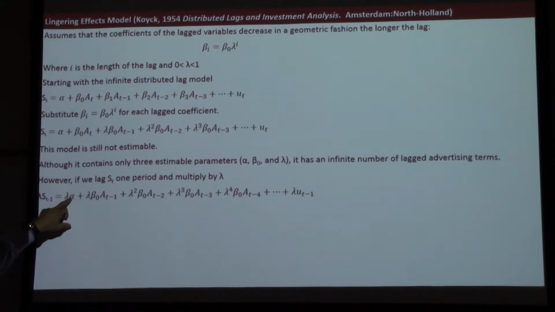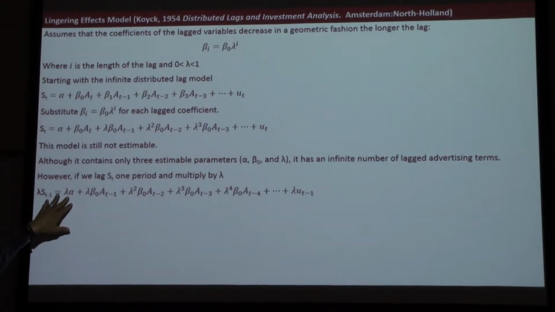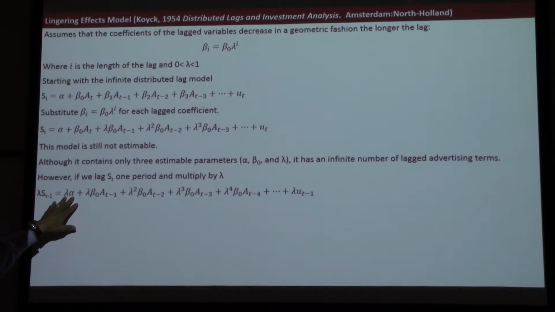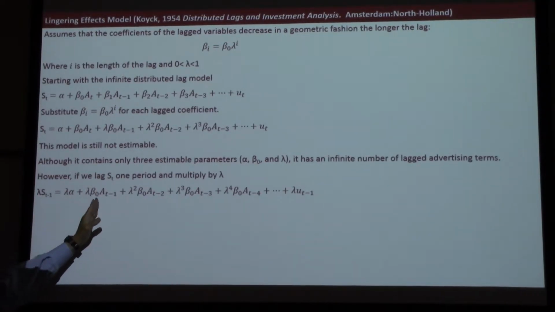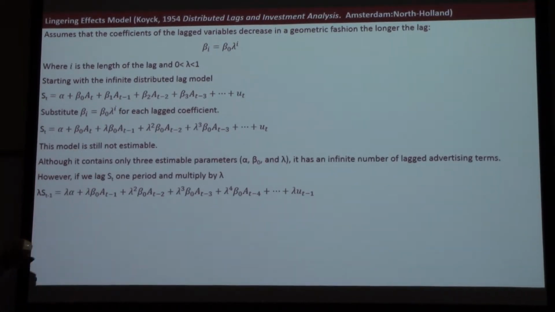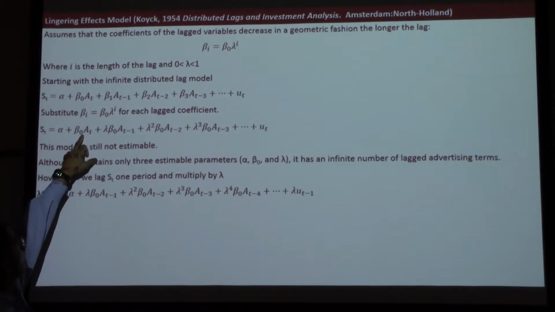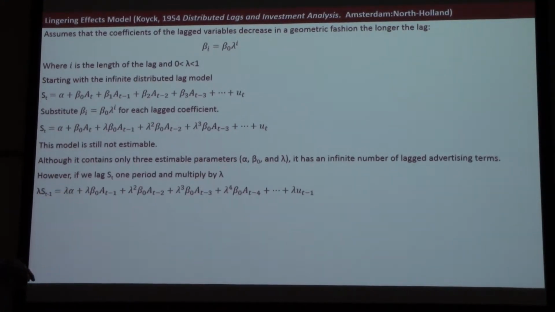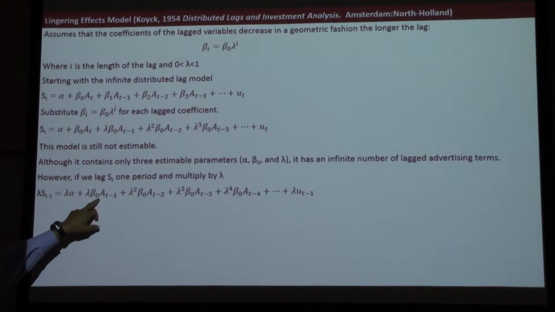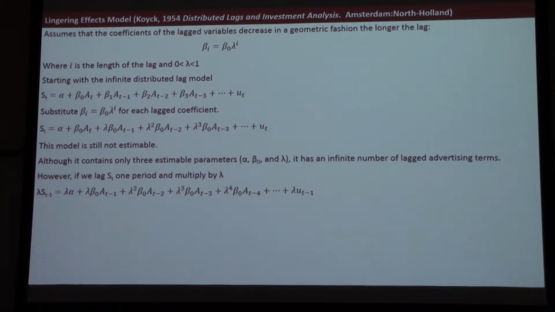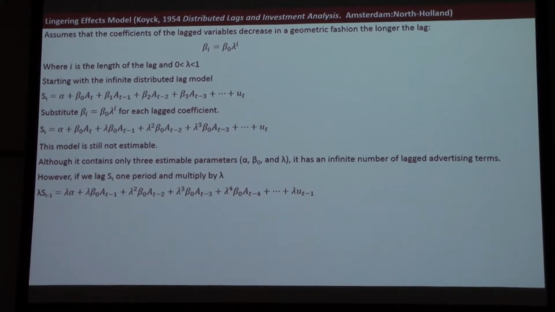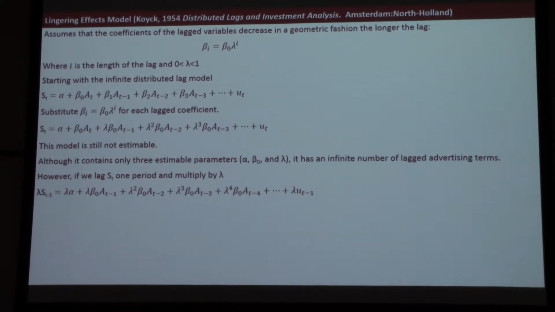There's no time dimension to alpha, so we can't lag that. But everything else, we're lagging by 1 period. So notice that in our original sales equation, this is beta 0 times A_t. It's now lambda times beta 0 times A_t minus 1. And then everything else is lagged by 1 more period. What's lambda? Lambda is our decay coefficient from up there. It's just a little mathematical trick he did.